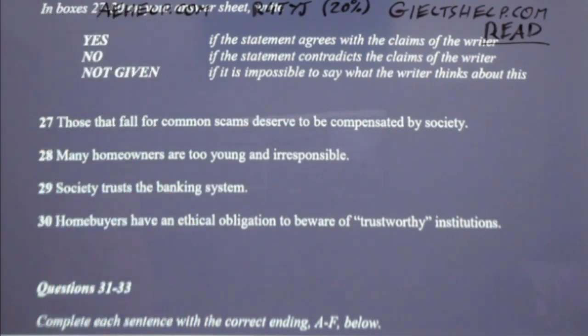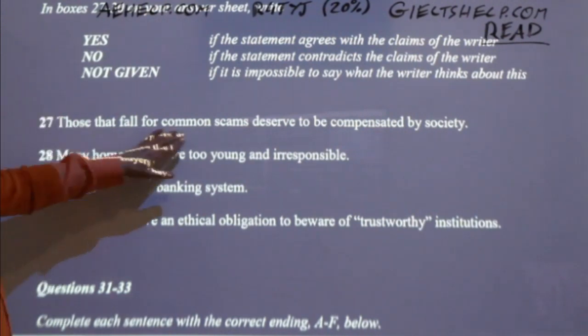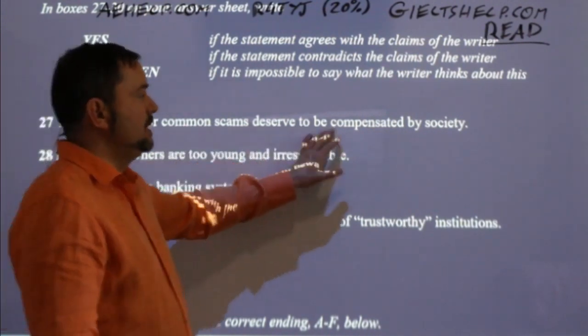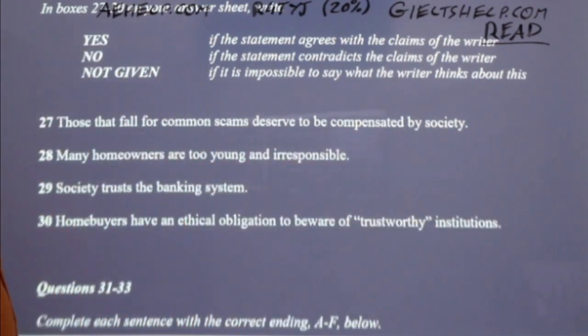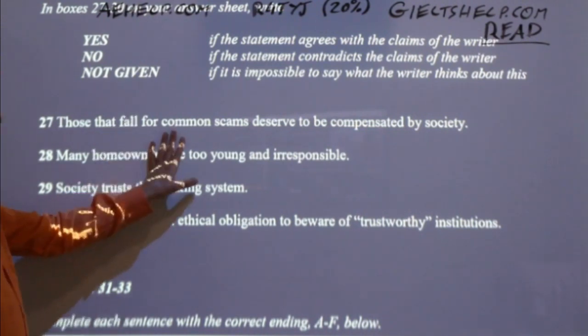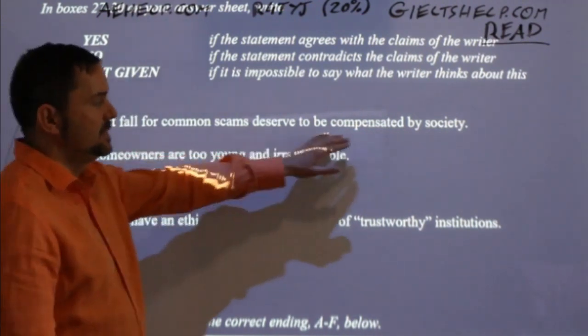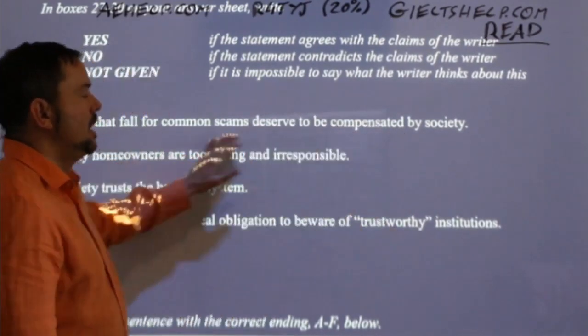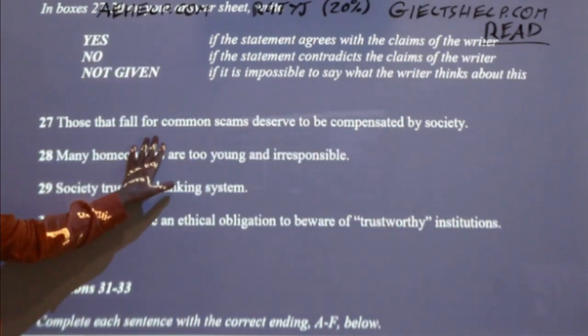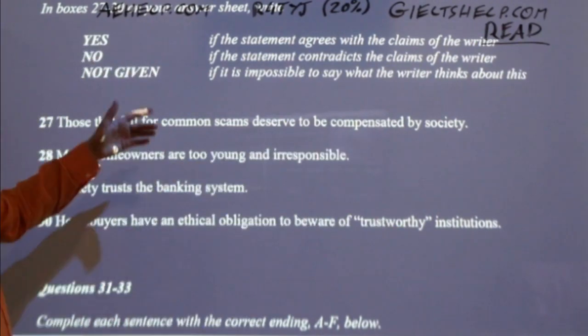So here, we're using the if this then that logic, right? Those that fall for common scams deserve to be compensated by society. Is it important to know if people should be compensated? Compensated means they get their money back or something else by society. Is this important to know for this topic?